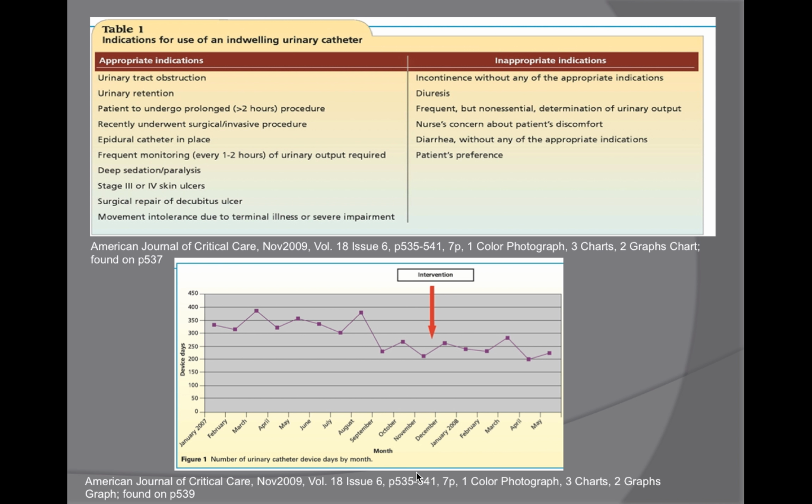The client should not risk infection from this catheter, and the nurse should be taking that catheter out. Let's see. This graph at the bottom of the screen shows when the study was done and that when interventions did take place, the number of urinary catheter device days by month decreased.